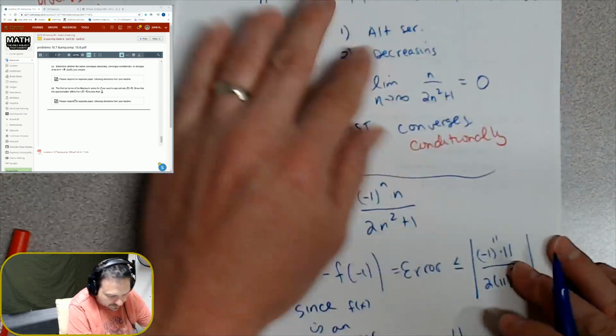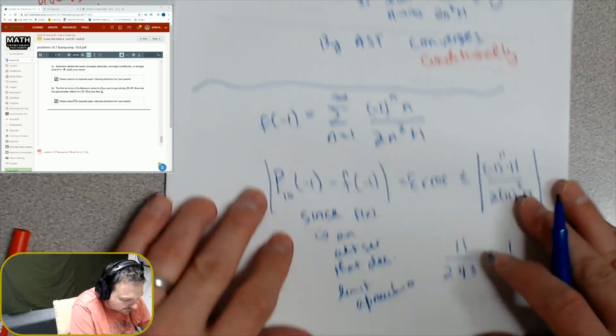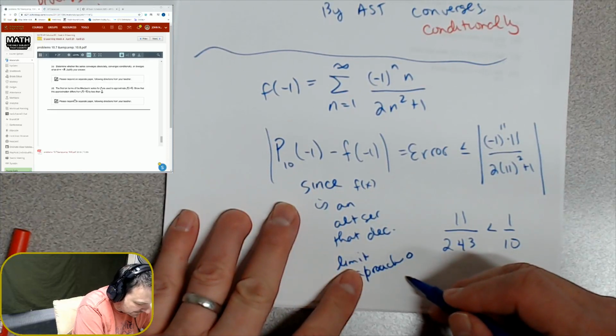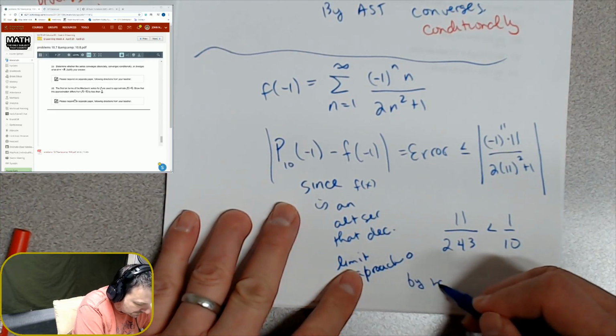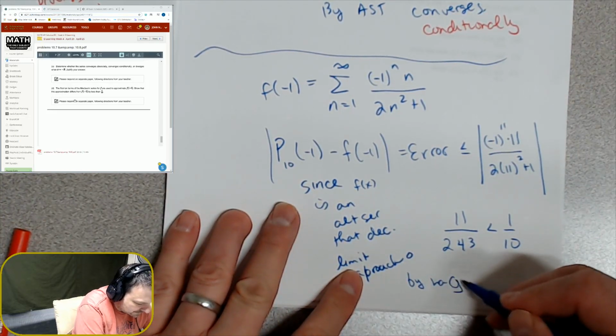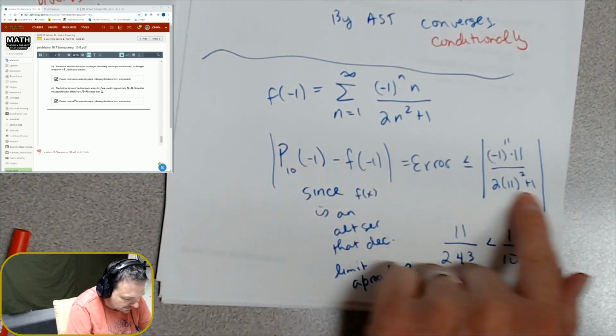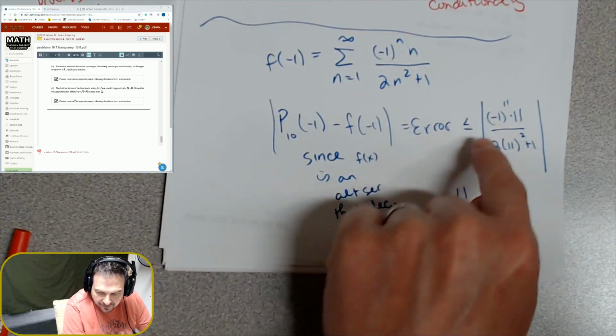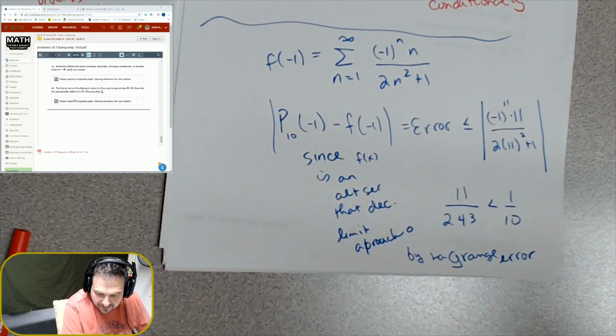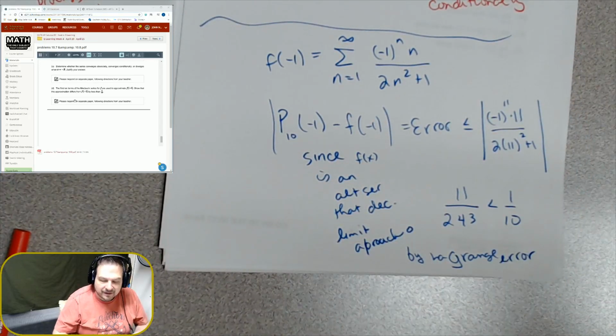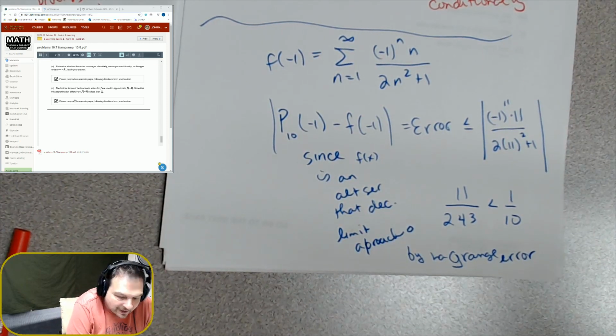Make sure you get the statements in there about alternating series by Lagrange error method. And then you have your nice little statement right there, which is, I kind of ran out of room there, but that is less than 1/10. Okay, so there's a free response problem. It had these types of things in there.